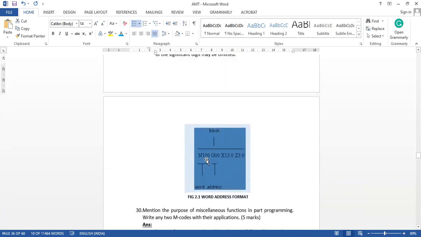In this block, we can see N100 G00 X13 Z3. N100 is the block number, used to identify this block. In a CNC program, N number of blocks are there, and this is the N100 block.